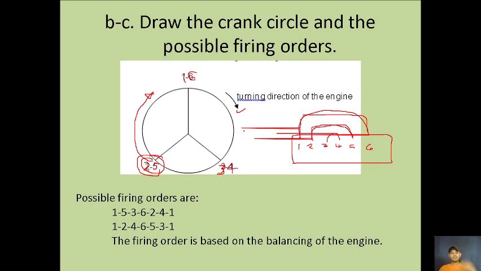So let's now check the possible firing orders. First, if we go with the odd numbers first, we start with 1. Always remember that firing order starts with number 1, even if it's an even-number firing order.